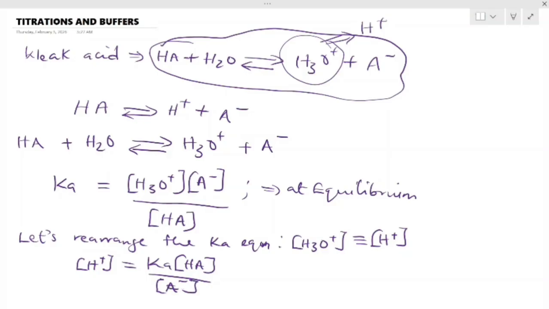Next, after getting this equation, you take the negative log of both sides. Now we have the concentration of the hydrogen ion as the subject of the formula, so you take the negative log of both sides of the equation, and that will give you the following. I'll do that on the next page.